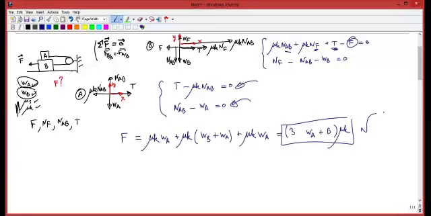Questions on this? Drew, in the third, WA and WB are in parentheses. Did I goof somewhere? When you say 3, you mean equation 3? 1, 2, 3, 4.